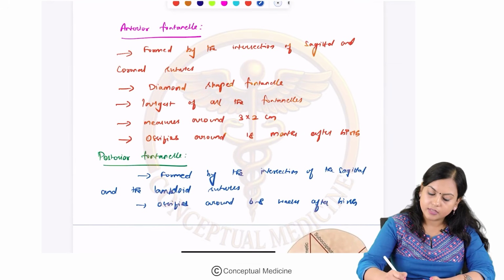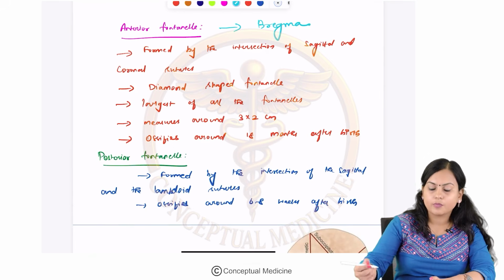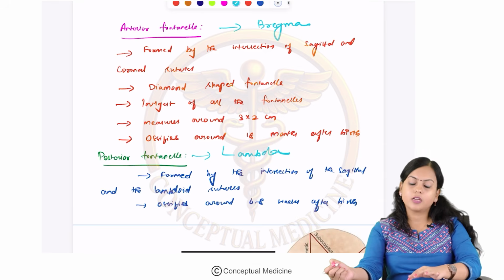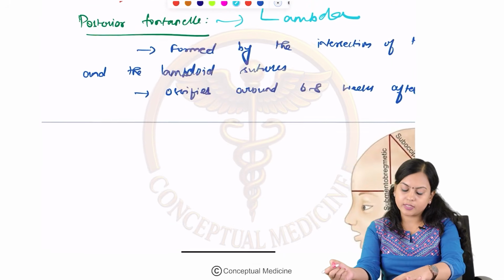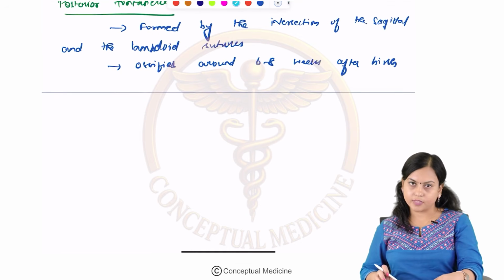Anterior fontanelle is also known as bregma. Posterior fontanelle is also known as lambda. Now, what is the importance of these fontanelles?